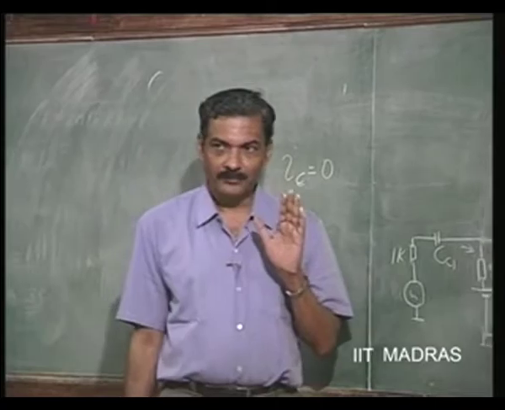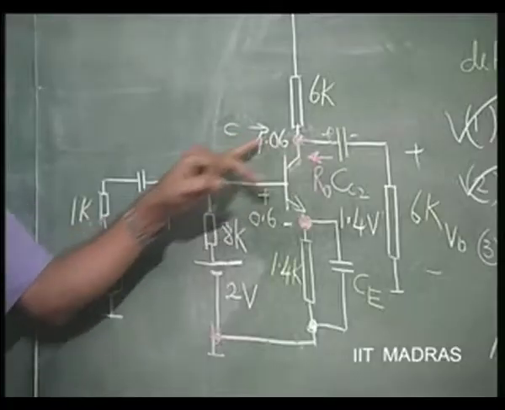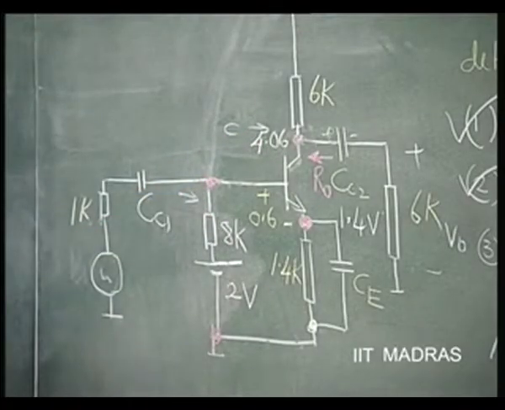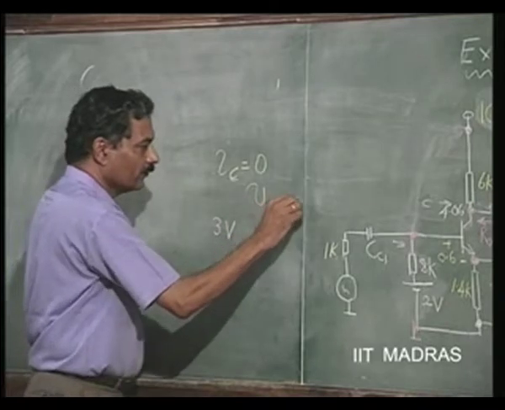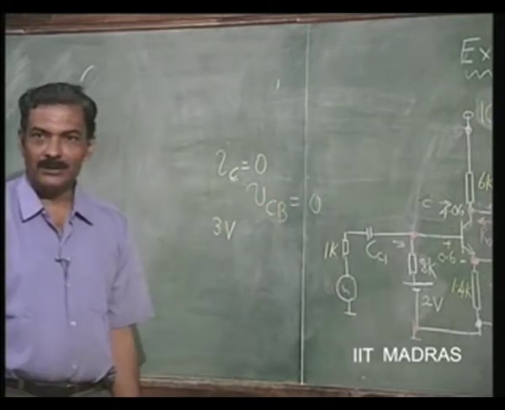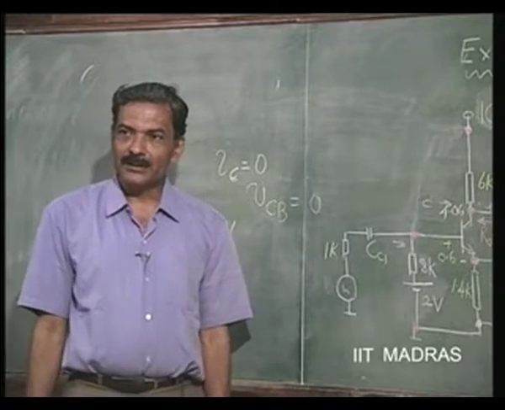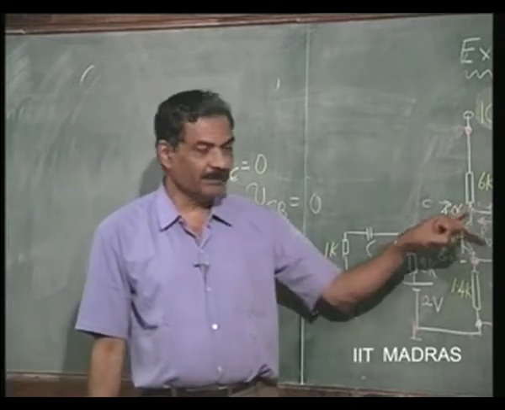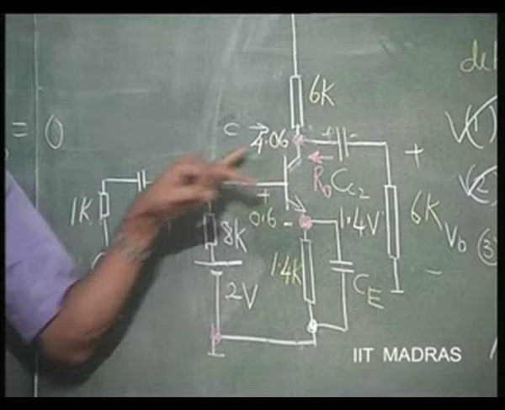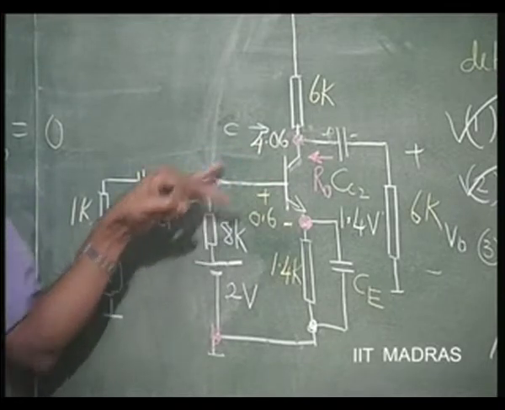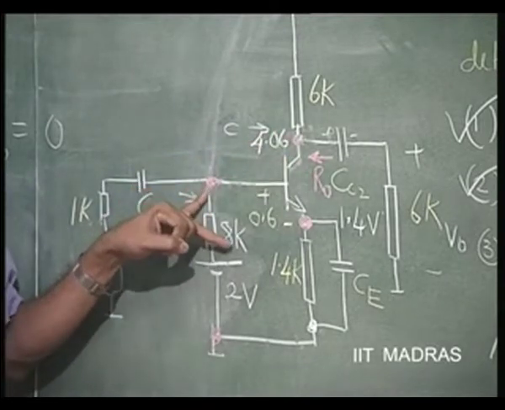Now, as far as the other thing is concerned, instantaneous value of VCB should go to 0 when it goes to saturation. The actual VCBQ is 2.06 volts, 4.06 minus 2 volts.